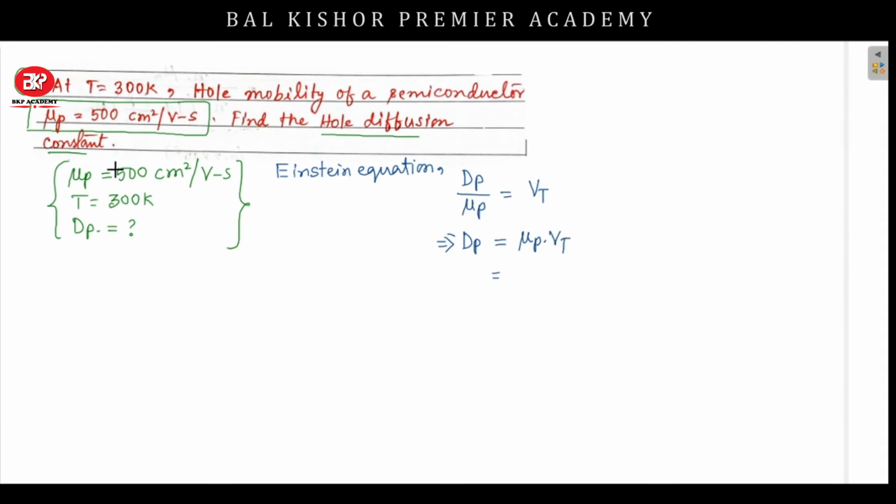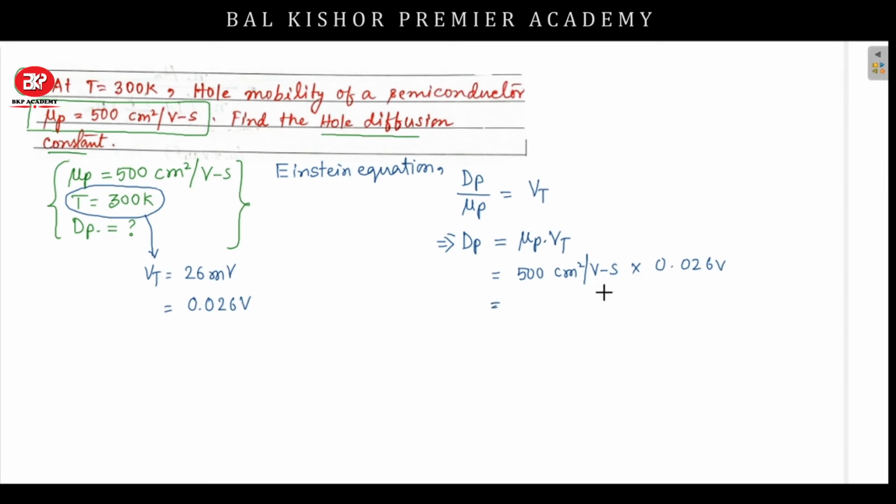So the mu p value is given as 500 centimeter square per volt second, and the Vt value for T equals 300 K, we know, is 26 millivolt, or we can say it as 0.026 volt. So let us put 0.026 volt.